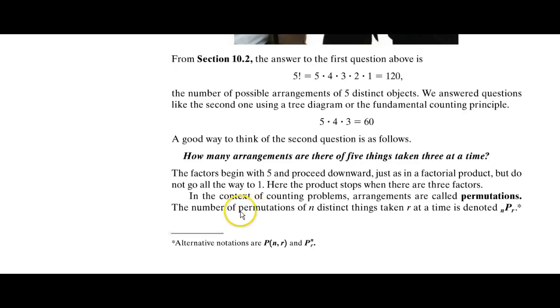Now there is a formula for this. There's a number of different ways to write it. We're going to stick with this way. The number of items in the set, and we're going to use permutations because order is important, and then how many are you going to take at a time? That's what the R stands for.